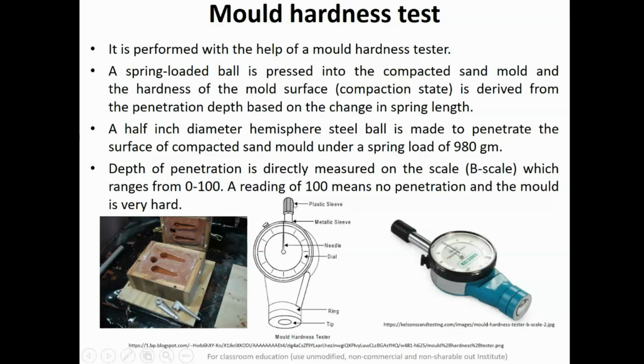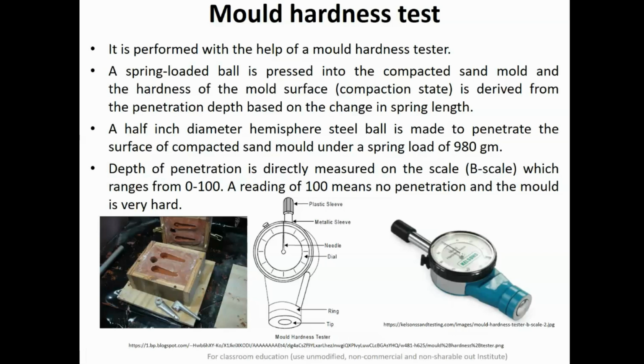So you press it onto the surface of this mold, and in this movement of just a few microns of the steel ball, you apply somewhat 980 grams of load with the help of a spring loaded mechanism. And the hardness is calculated from the depth of penetration inside any material. So this depth of penetration is directly measured on the scale.